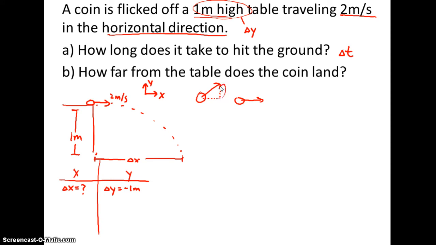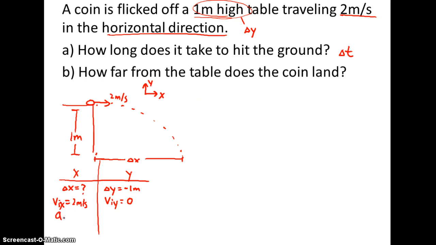So it has no vertical component of its velocity, meaning its initial horizontal velocity is 2 meters per second. Its initial vertical velocity is 0. There's no component in the vertical direction.